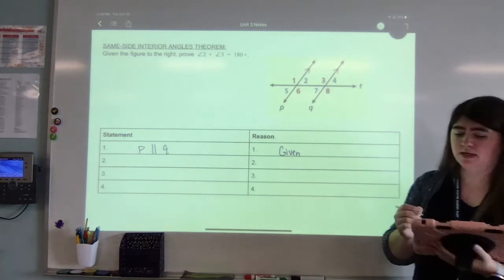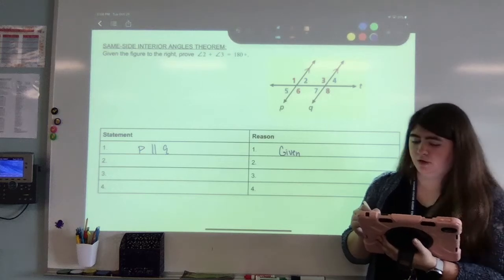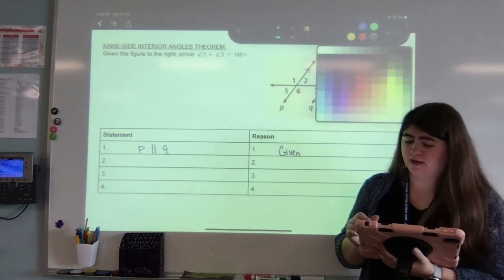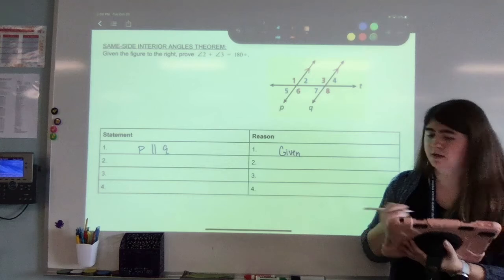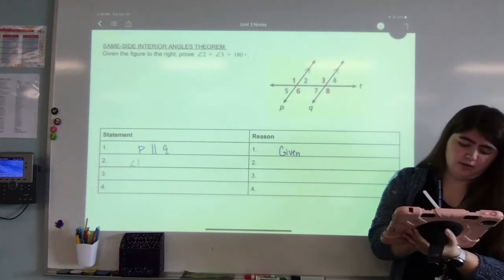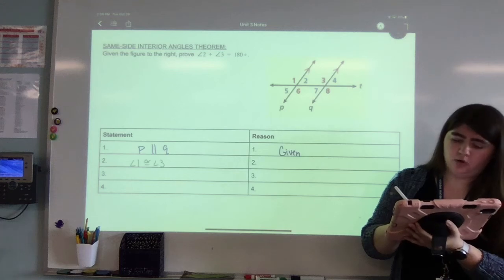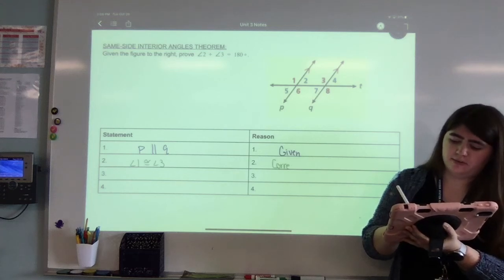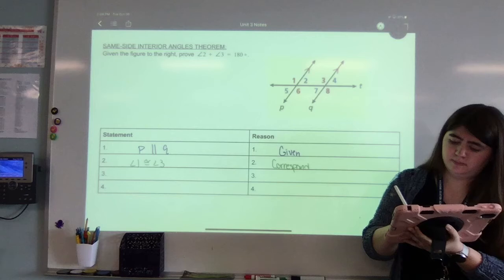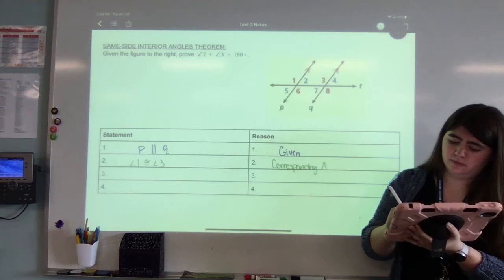I'm going to start by writing down that angle 1 and angle 3 are corresponding angles because I think that's going to be of some help to me. So I have angle 1 is congruent to angle 3 by the corresponding angles postulate.